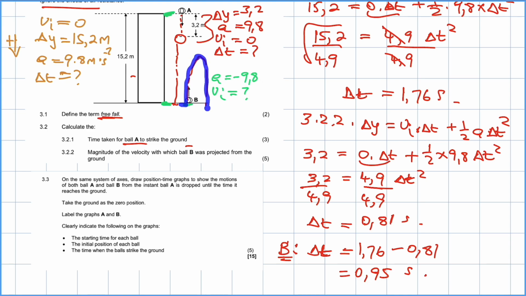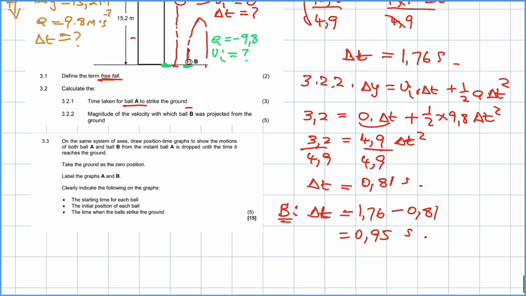So 0.95 seconds is the time it will take for ball B to reach the maximum height and hit the ground. So we can actually focus on the upward motion only, because we know that the final velocity there is 0. Meaning that, using time symmetry, we divide the time by 2.